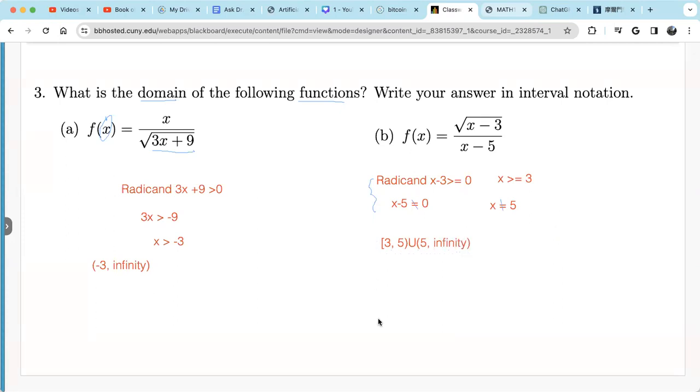That's how we get rid of this 5. So from 3, including 3, we use a bracket, up to 5, close parenthesis, ignoring 5. Then union, open parenthesis, 5, up to infinity. All right, so this is the domain of the function in B. Okay, I hope this helps.